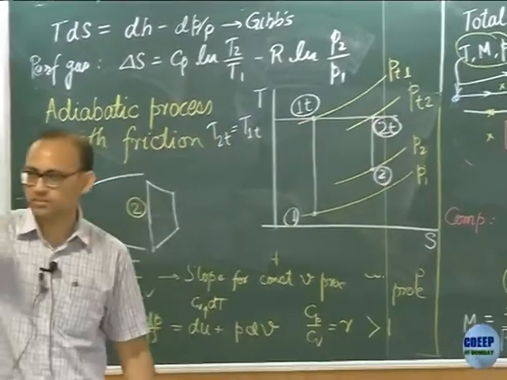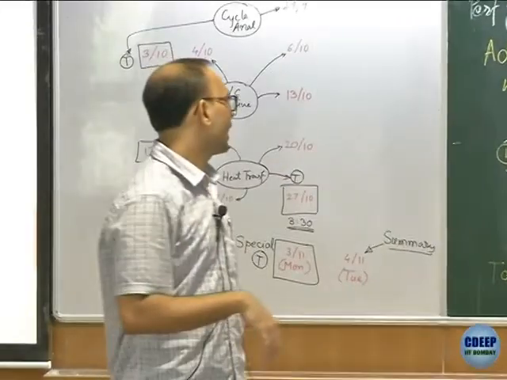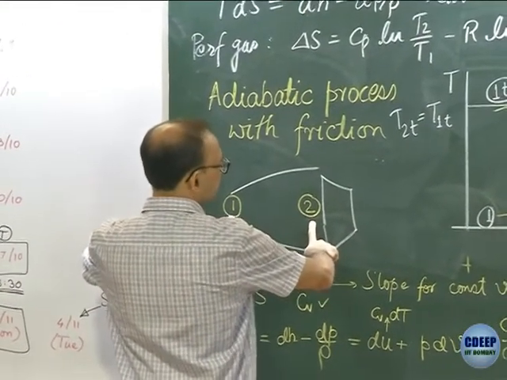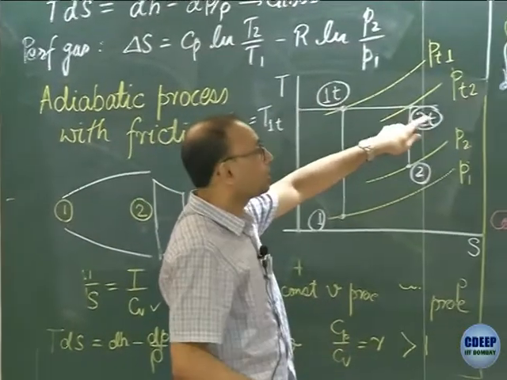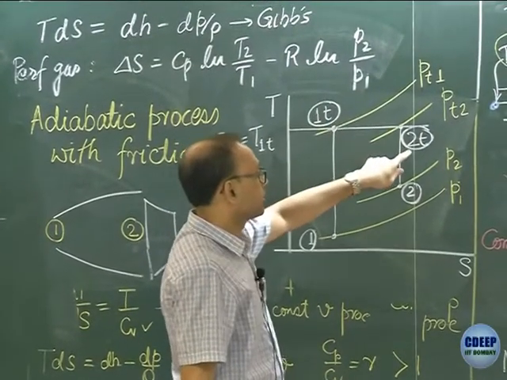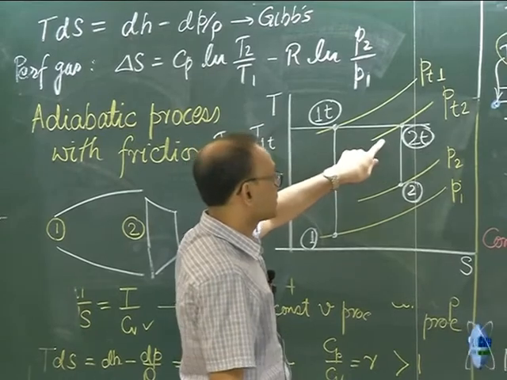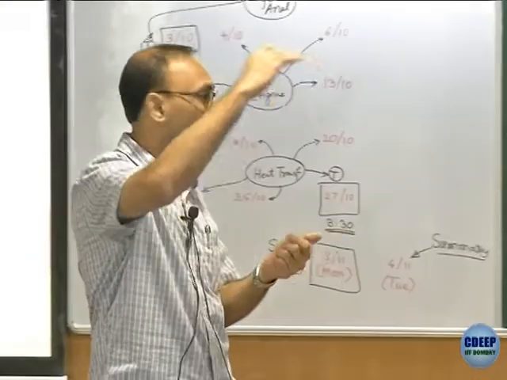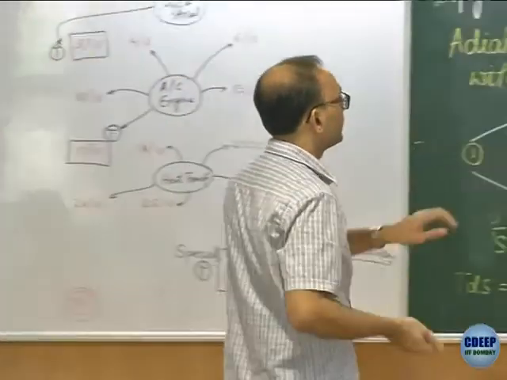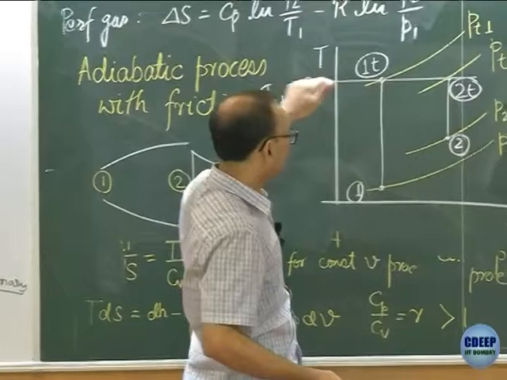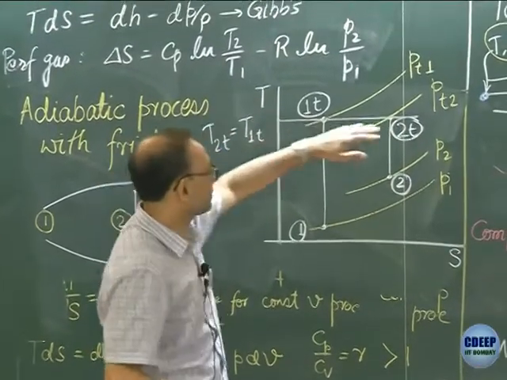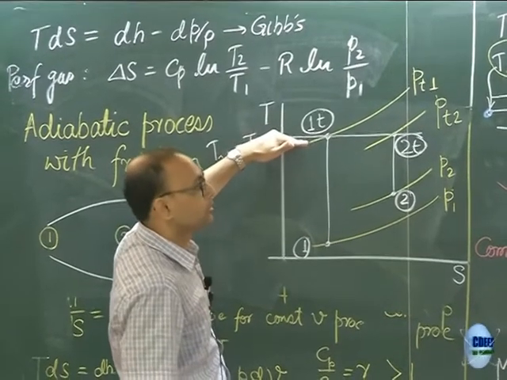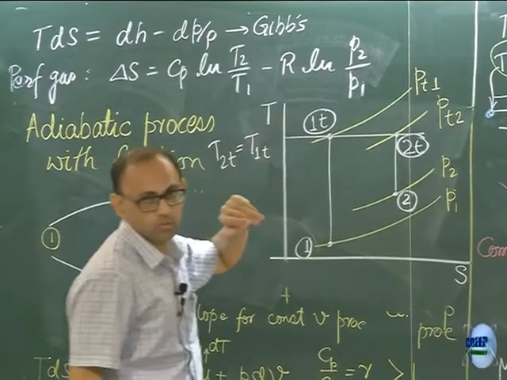I have drawn 4 points on the TS diagram. 2 of them are the actual values of pressure, temperature and entropy at the entry and exit, and the other 2 are the corresponding total temperature, total pressure points, which again the flow does not come to stagnation, but the corresponding stagnation values are plotted in the TS diagram. I have connected the two total temperatures by the same horizontal line because they are the same with no heat transfer and no external work.